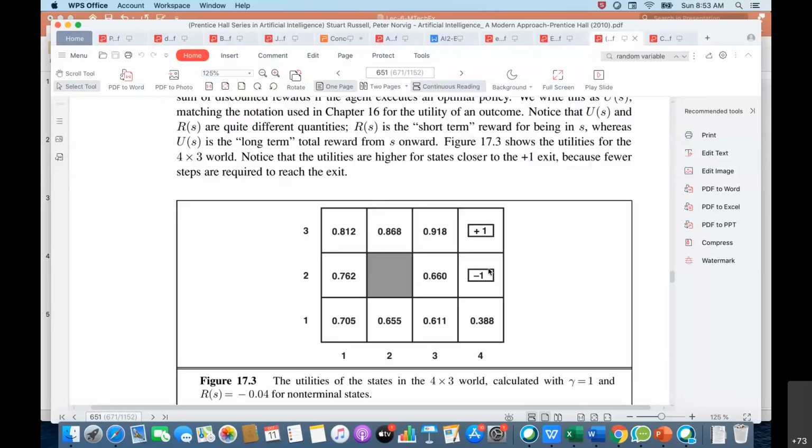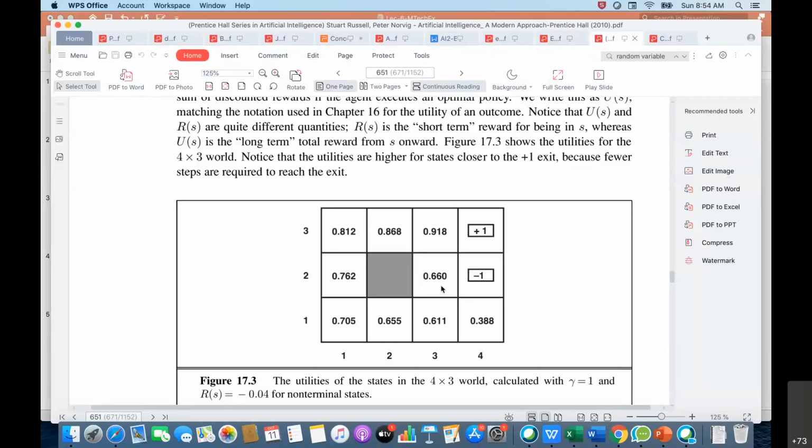Now, the fact is that the utility function of a state allows the agent to select the action by maximizing the expected utility. The agent will always choose the action that maximizes the expected utility.